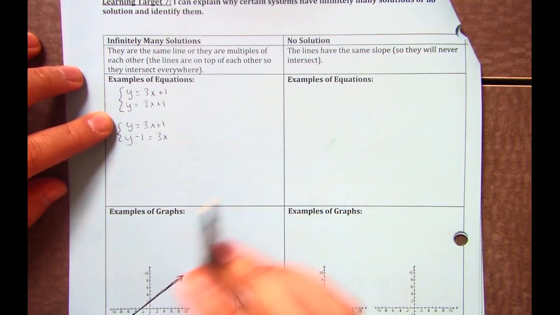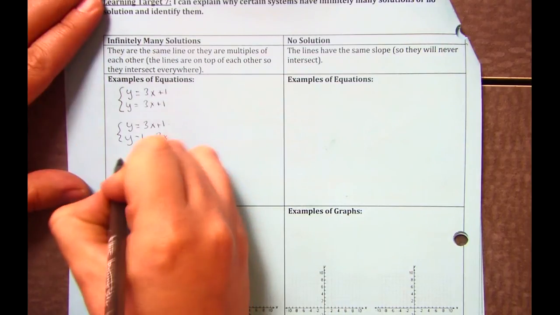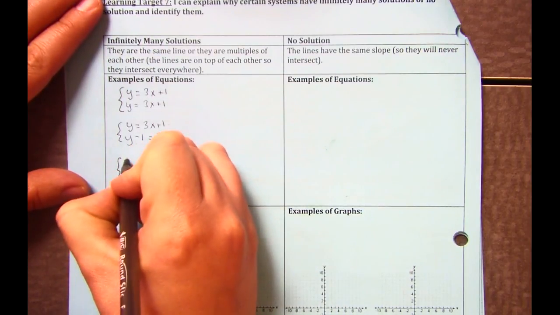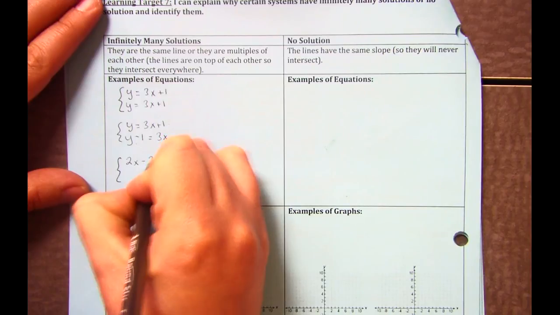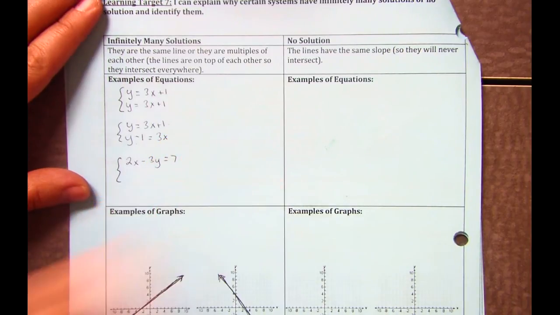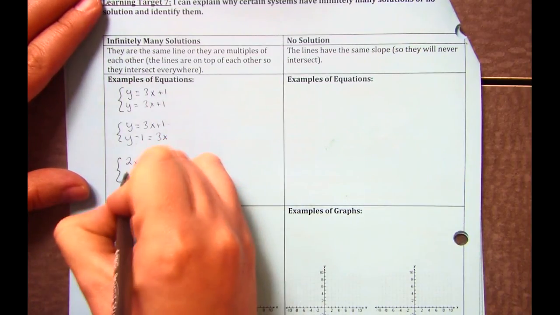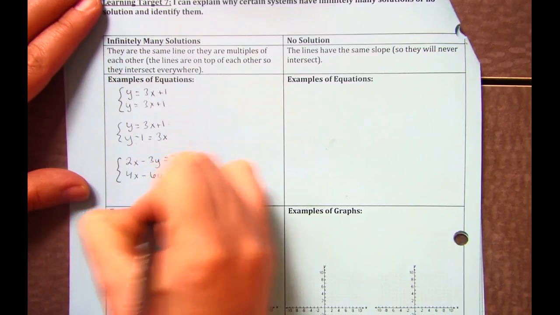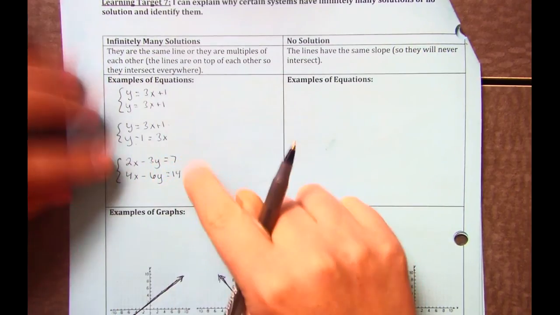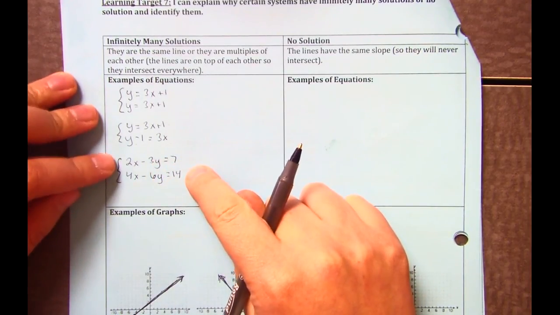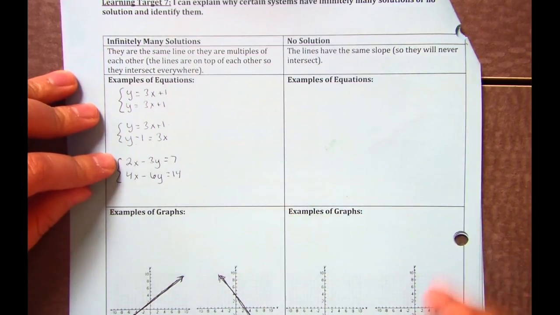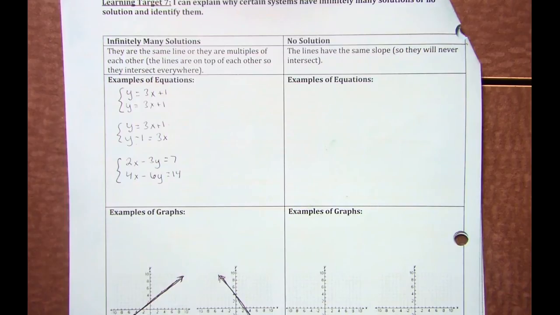So sometimes it can be a little bit tricky. You might have an equation that looks like this. Maybe you have 2x minus 3y equals 7 in standard form. And then another one is 4x minus 6y equals 14. Those are actually the same equation, because you can do something on both sides of the equation and it doesn't change its value. It's still the same equation.